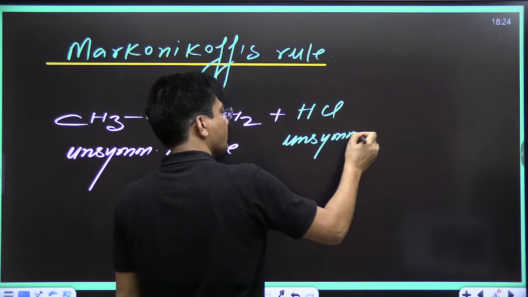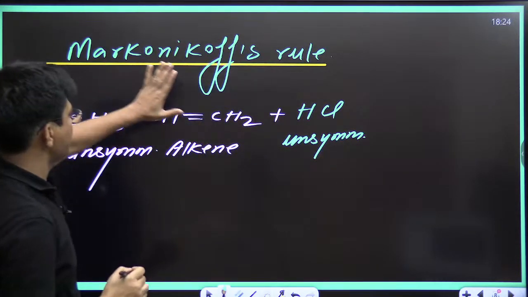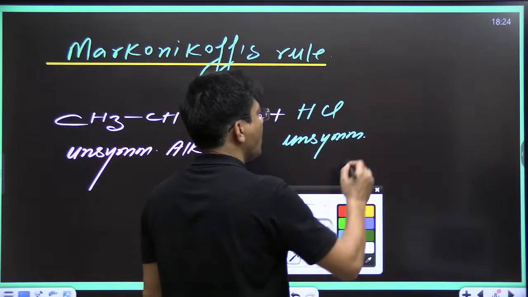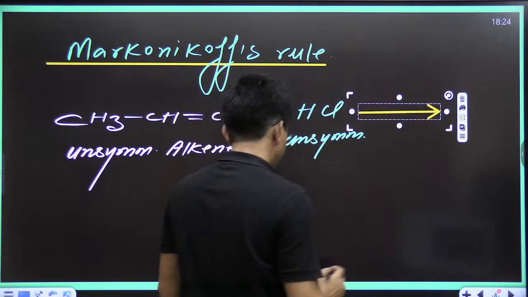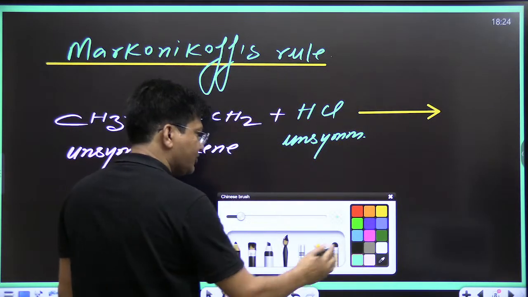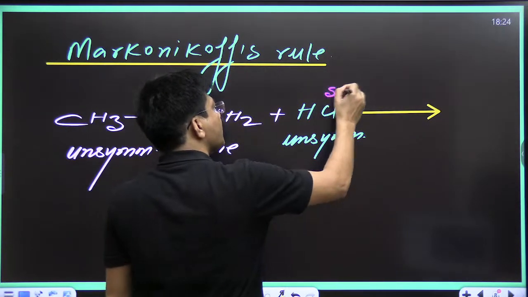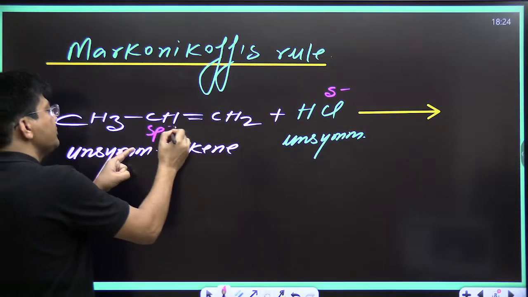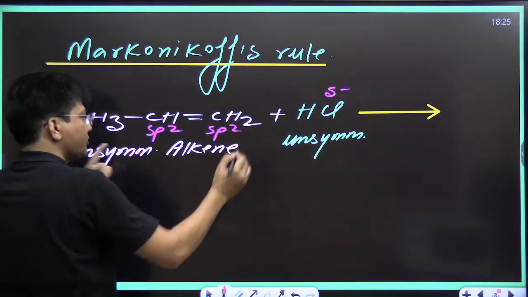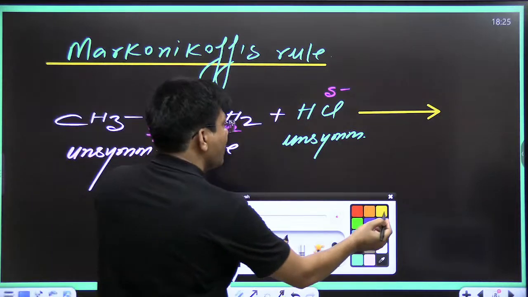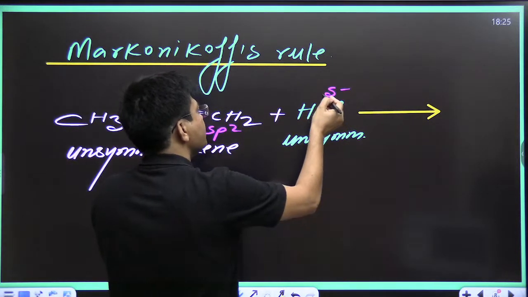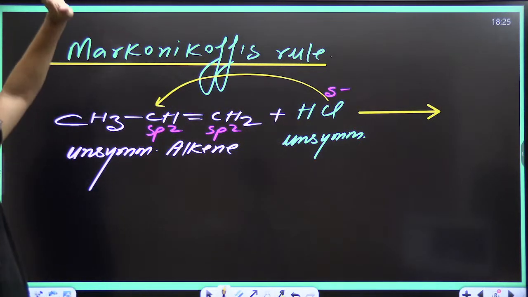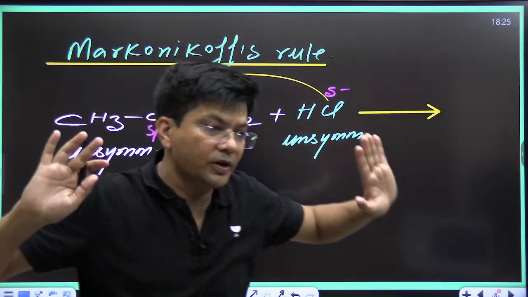Now, this rule says that the negative part of the reagent will go to that double bonded carbon, that sp2 hybridized carbon, which has less number of hydrogen atoms. It will go to this one. This is going to be the major product formation, my dear students.